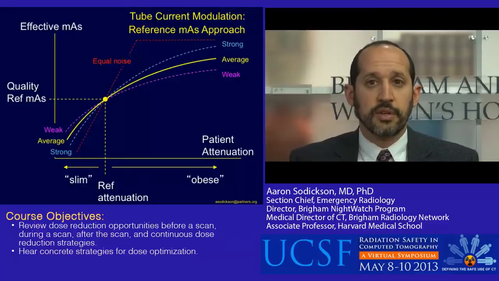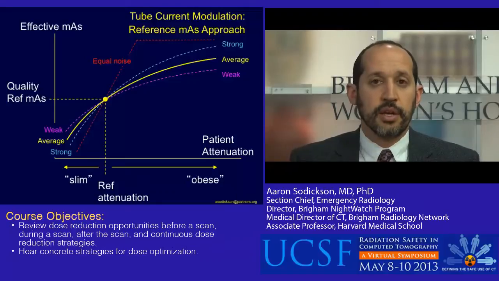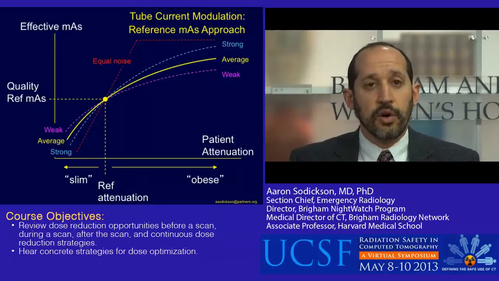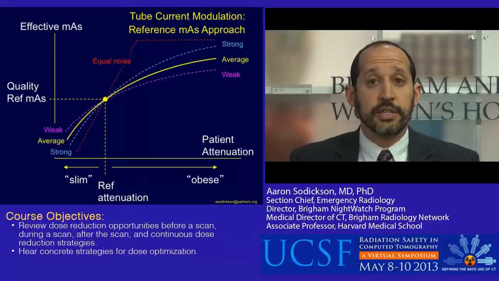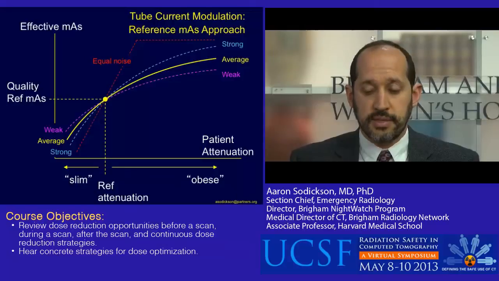Now some of the scanners are configured so that we can adjust the strength of these modulation curves for small and large patients. I should mention here that if we want to change the overall level of our image quality, akin to changing the noise index in the other method, we simply raise or lower our reference mAs in this approach.